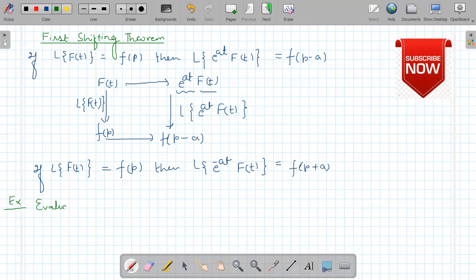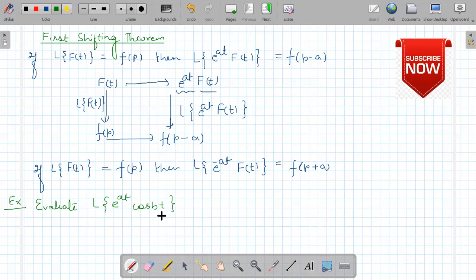The example is: evaluate the Laplace transform of e raised to the power at cos of bt. इसमें आपको हमेशा ऐसा फंक्शन मिलेगा जिसमें एक्सपोनेंशियल फंक्शन जरूर होगा. तो अगर किसी भी फंक्शन में एक्सपोनेंशियल फंक्शन से मल्टीप्लाई हो रहा है तो आप उसमें इस प्रॉपर्टी का यूज करके उसका लाप्लास फाइंड आउट कर सकते हो, क्योंकि the product of these two functions becomes complicated, and if you use the traditional definition of Laplace transform, then this will become quite tedious. So to make it simpler, we make use of this property.